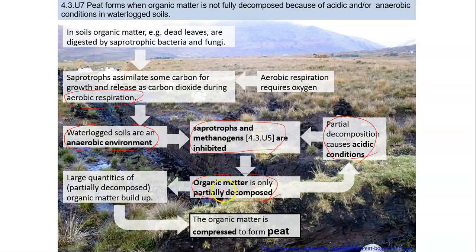And this partial decomposition, from the other side, creates a large quantity of organic matter building up, and it ends finally as organic matter which is compressed to form peat. So this partially decomposed material will become peat after compression. This is a really nice diagram.